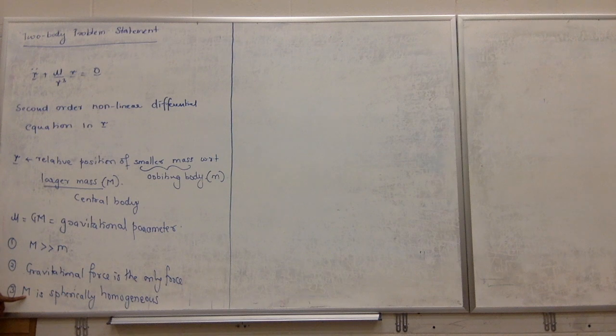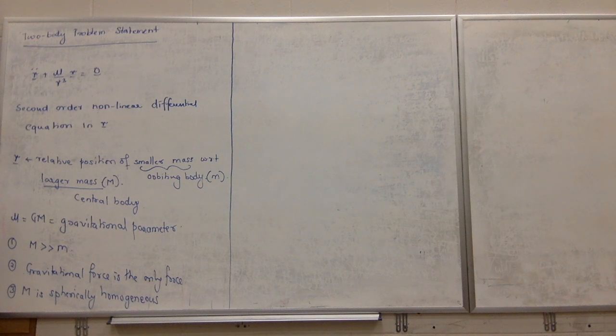Earth, for example, is it spherically homogeneous? Not completely. It's not a sphere, first of all, right? It's oblong. Is it homogeneous? What does homogeneous mean? It stays the same. The mass is equally distributed.